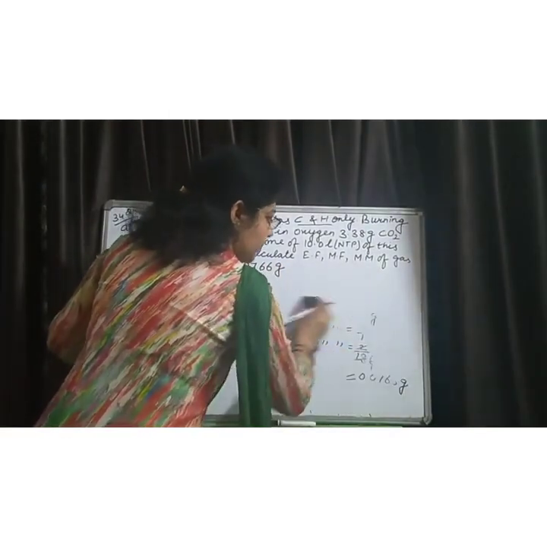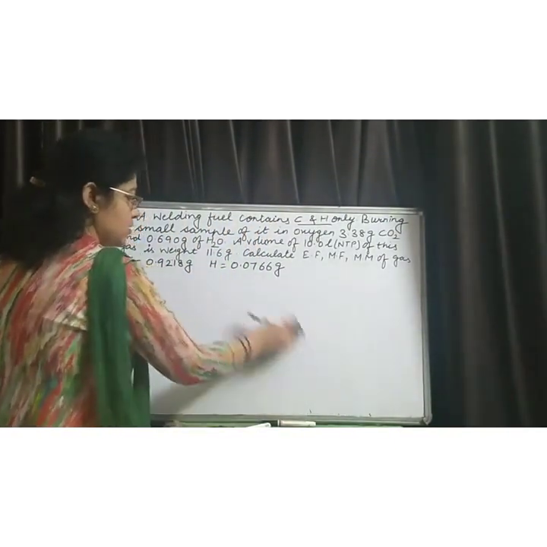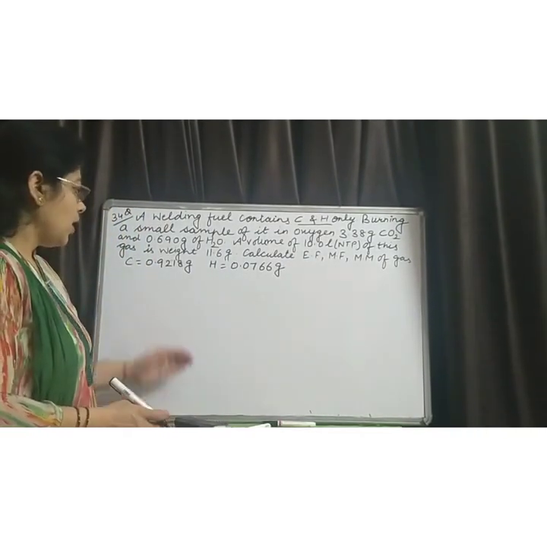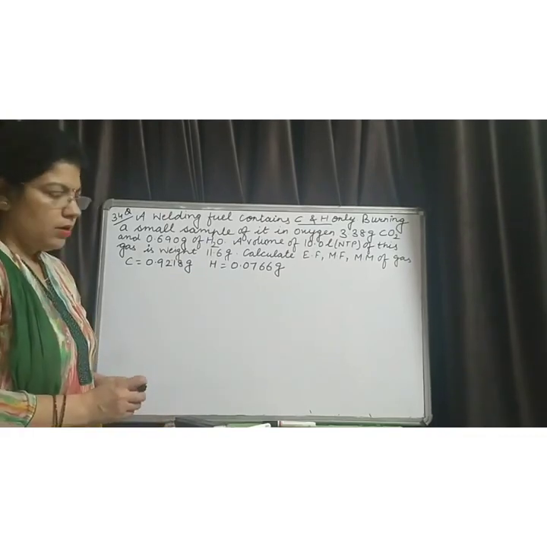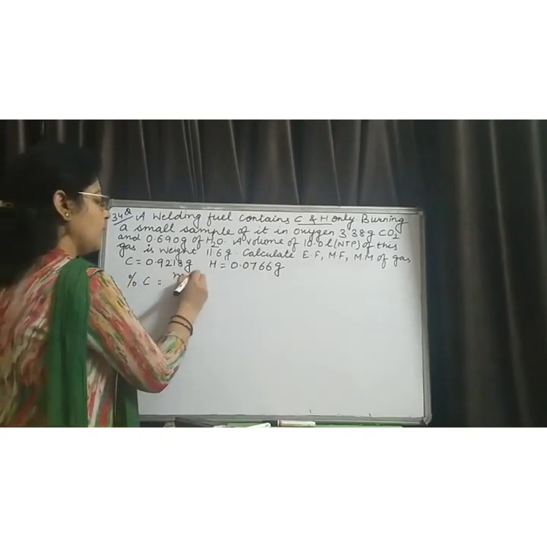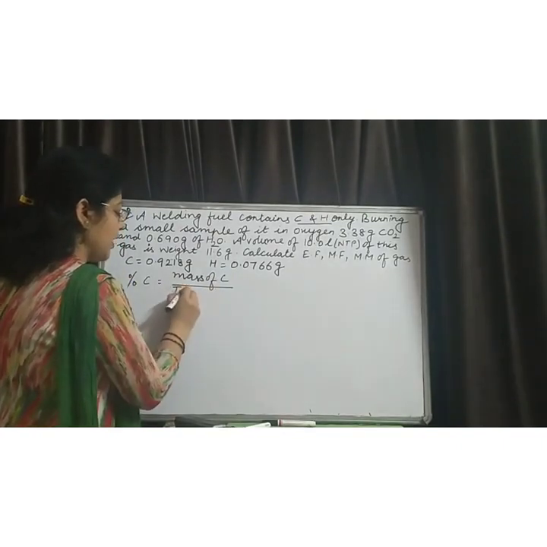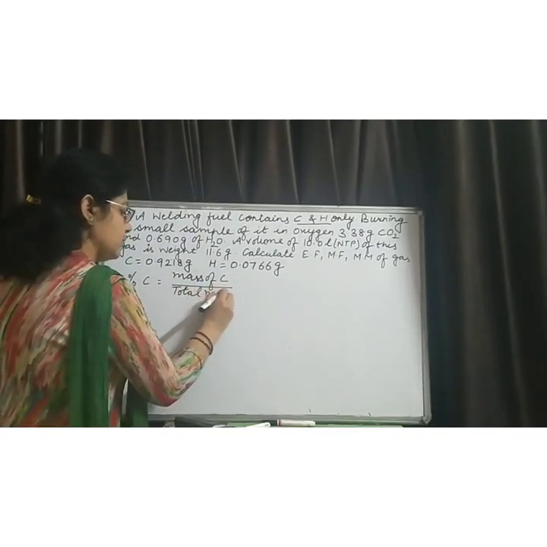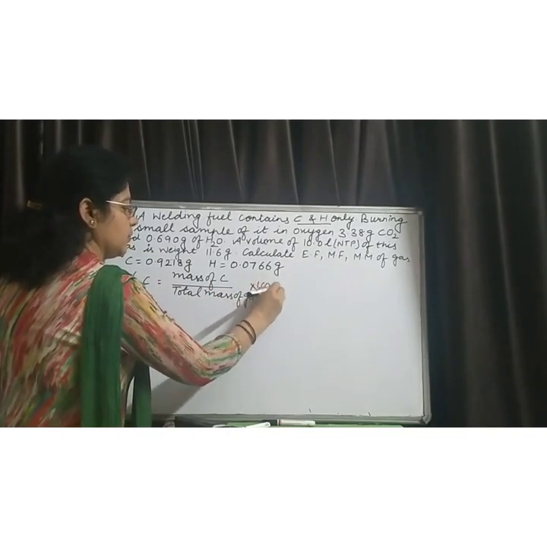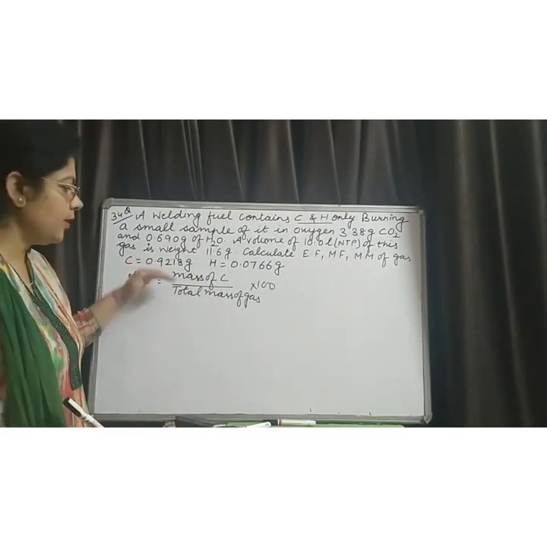Now we have to find the percentage of carbon and hydrogen in this compound. For this, we have to solve. How do we solve this? For percentage of carbon, we know that mass of carbon divided by total mass of the gas multiplied by 100. The mass of carbon we have already calculated.